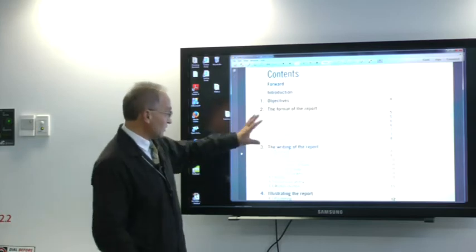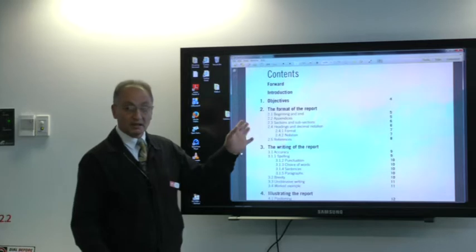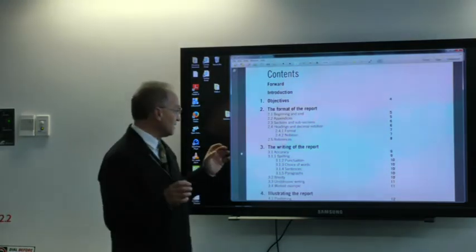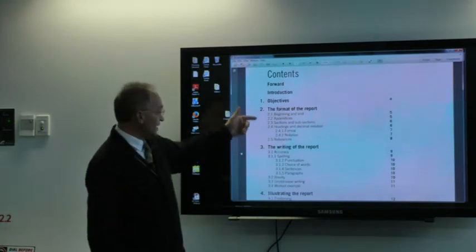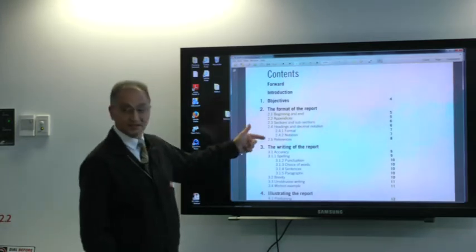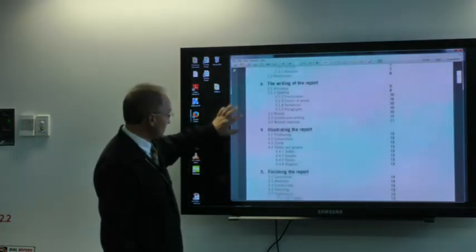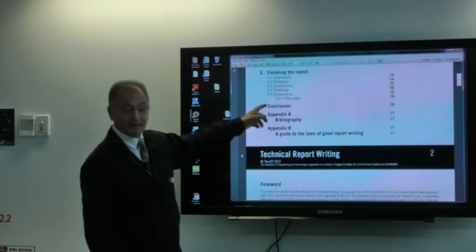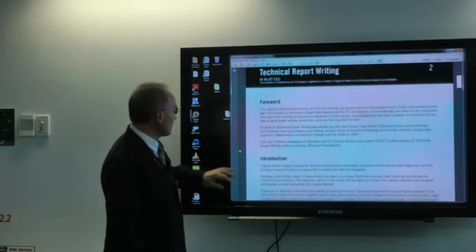Most reports like this one have a contents page, and the style is that the headings and subheadings stand out, that there are indents and a consistent use of numbering to distinguish headings and subheadings, and that is all about clarity. It also indicates that at the back there are appendices and bibliographies.